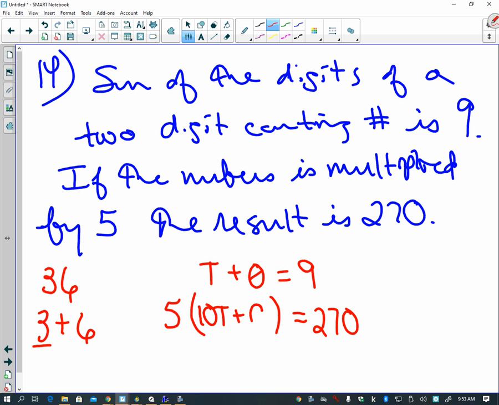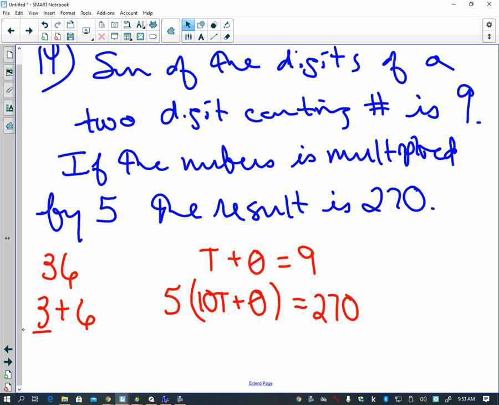So this is just o, where this is 10 times t. Does that make sense? There's a stark difference between having 5 times t plus o and 5 times 10t plus o. Do we understand? Let's keep going. Could I distribute the 5? That's going to give me what?